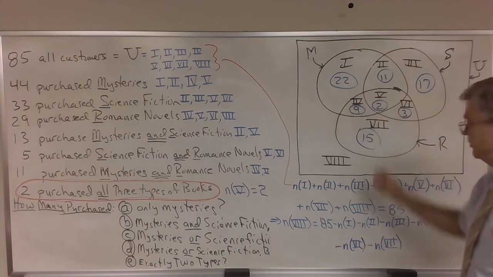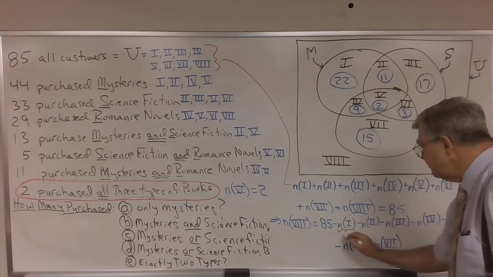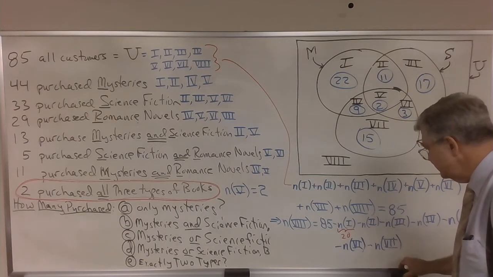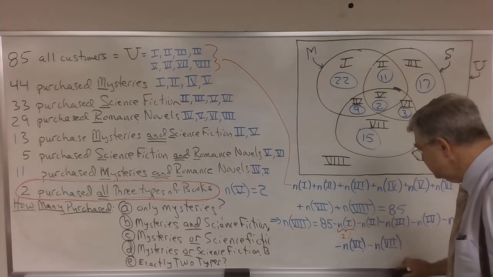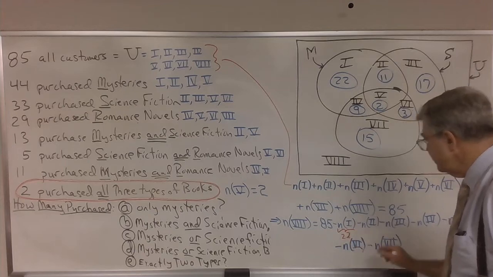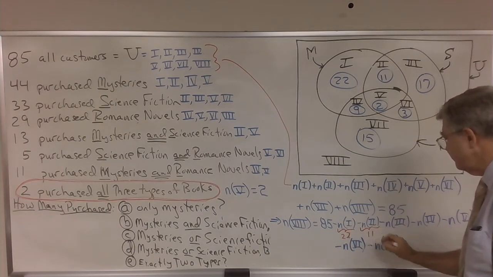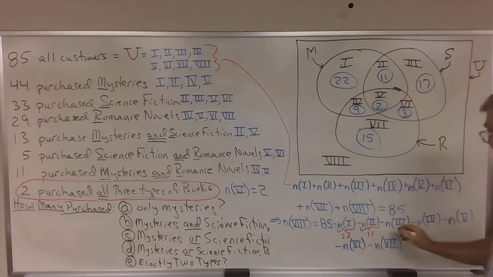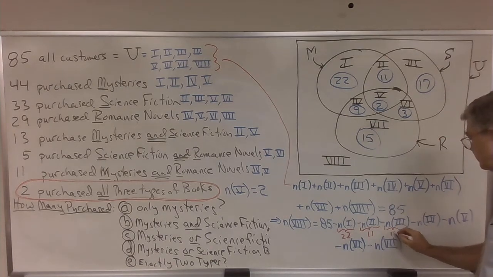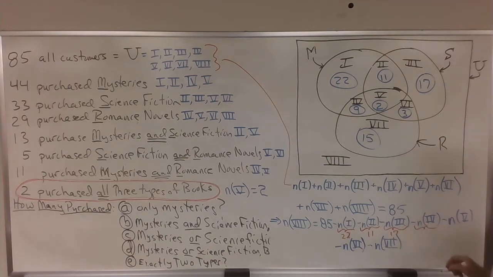Okay, region 1, 22. Region 2, 11. Region 3, 17. Region 4, 9.